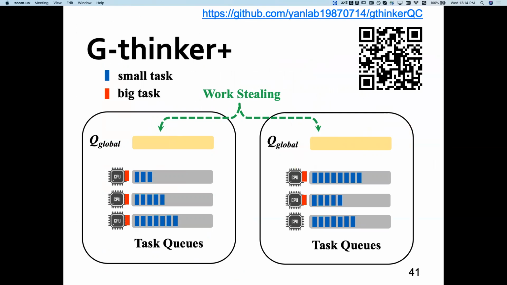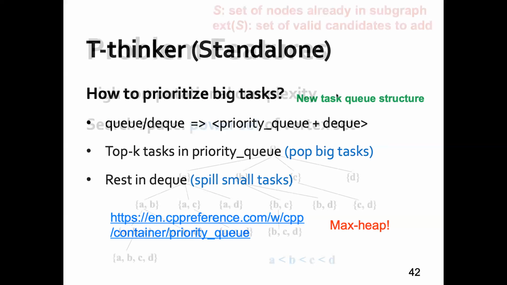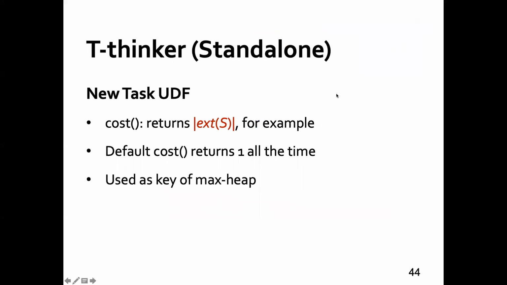So for this reason, we need to define a function. Let's say it's a task. You should define a virtual function that the system can call, to tell how costly this task is. This is an estimate, by the way. It tends to be big because we don't really know how expensive it is.